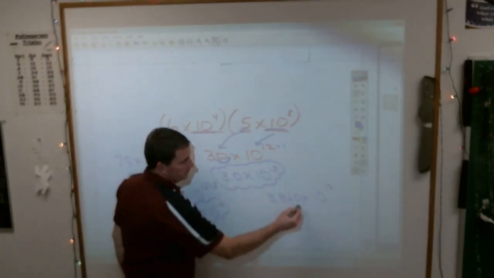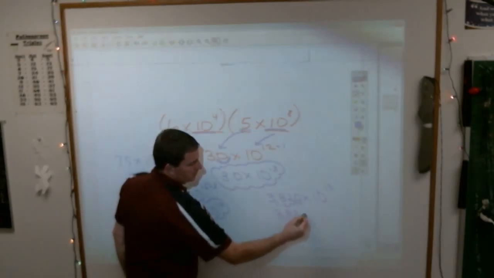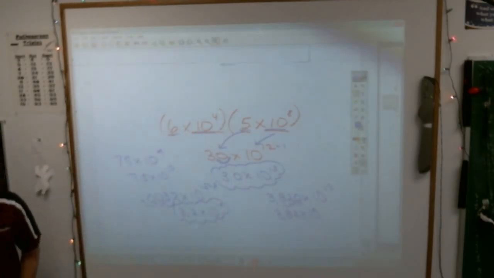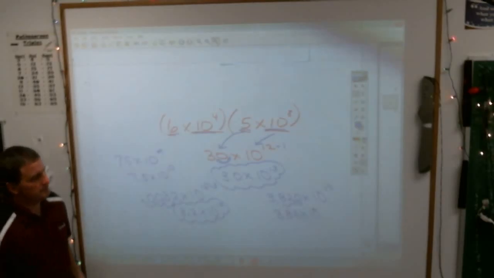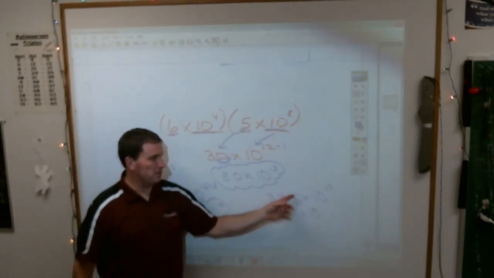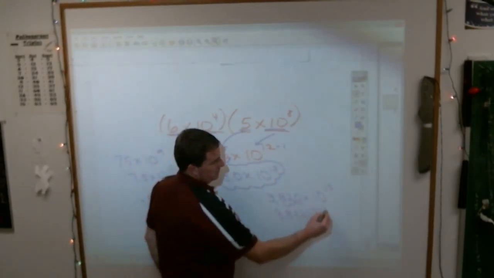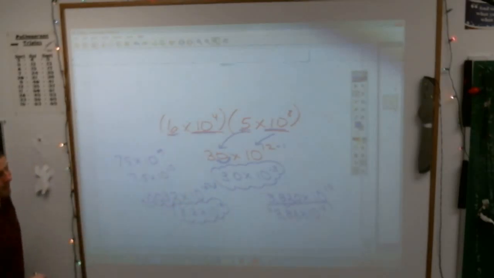So I'm moving it 3 places. I get 3.82. What's going to happen to my exponent? I moved it 3 places, so I'm either going to make it 3 bigger or 3 smaller. I'm going to do what, Belle? Got to balance out. I made this 3 smaller, so I make that 3 bigger, which is 10 to the 13th power. Got that?